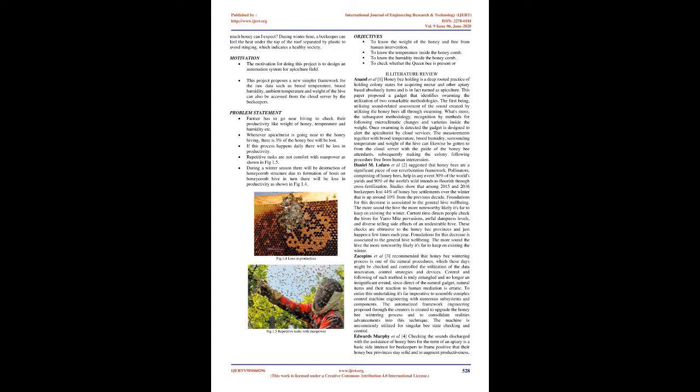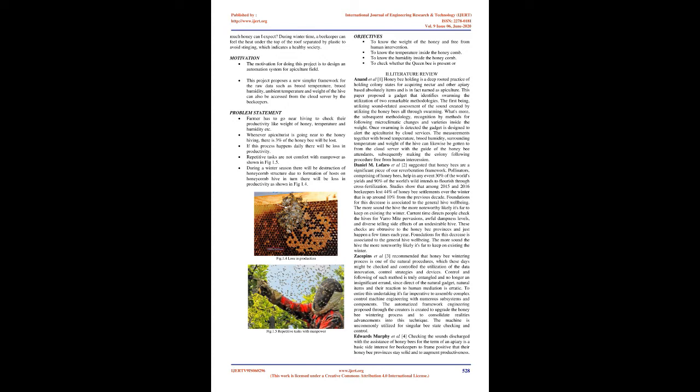Daniel M. Lofaro et al. [2] suggested that honey bees are a significant part of our ecosystem. Pollinators, comprising honey bees, help at least 30% of the world's crops and 90% of the world's wild plants to flourish through cross-pollination. Studies show that between 2015 and 2016 beekeepers lost 44% of honey bee colonies over the winter, which is up around 10% from the previous decade.